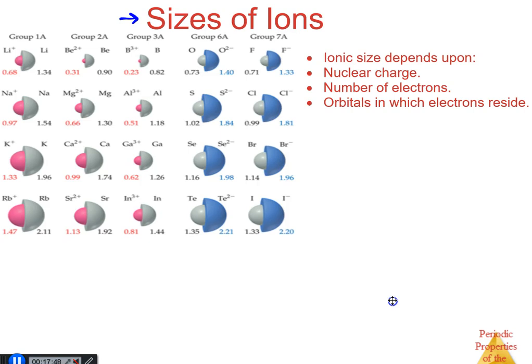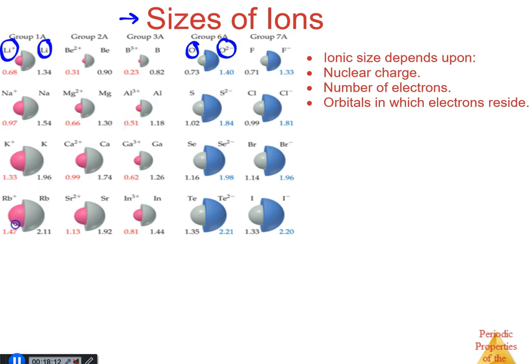You will notice, just looking here, Li plus, so the pink and the gray, the ion is written on the left, the atom is written on the right. You okay with that? But when you get to the gray and the blue, the atom is on the left, the ion is on the right. Are we okay?